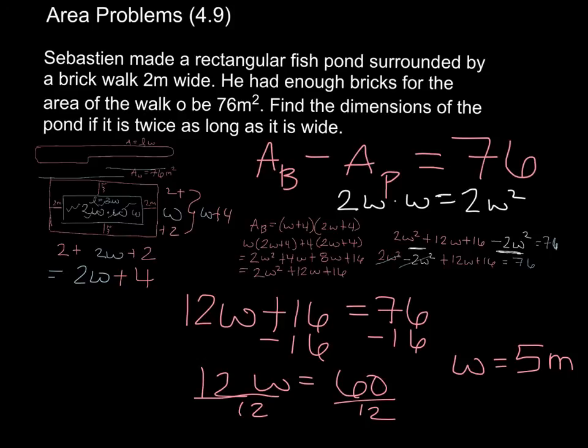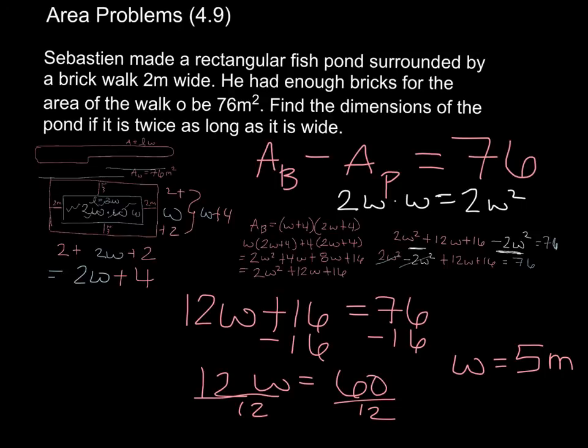And now I'm going to go back to the problem and read it one more time. So we've got Sebastian made a rectangular fish pond surrounded by a brick walk that was 2 meters wide. Okay, we used that. He had enough bricks to use for the area of the walk to be 76. So we used that. Find the dimensions of the pond. We've only found one dimension.